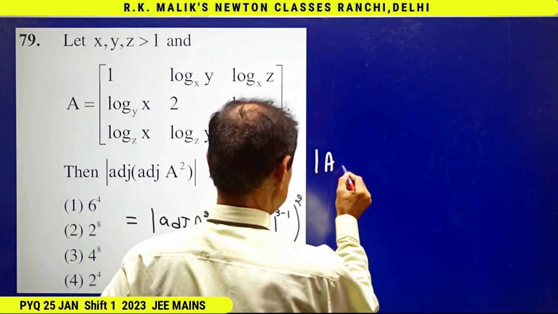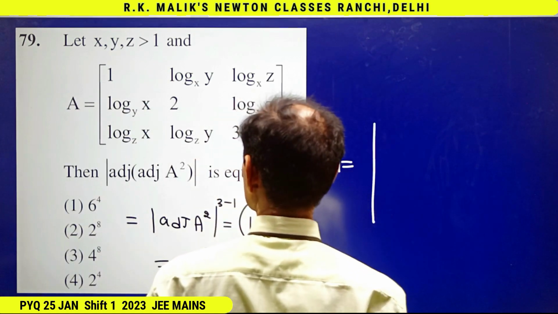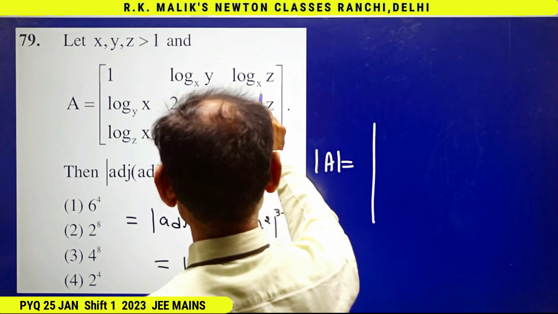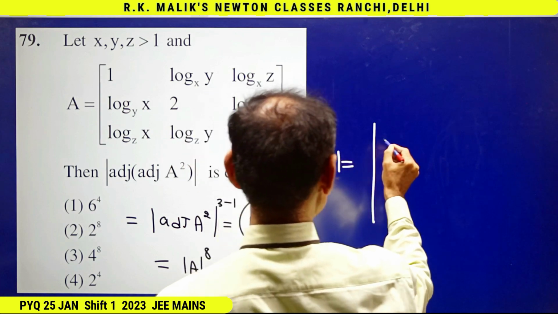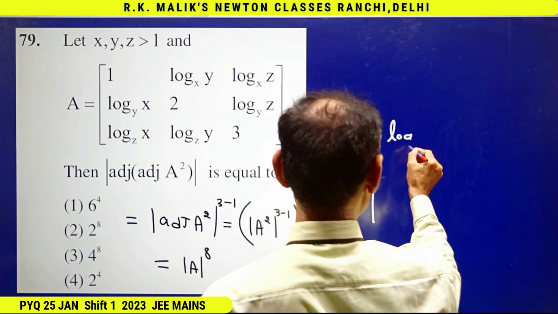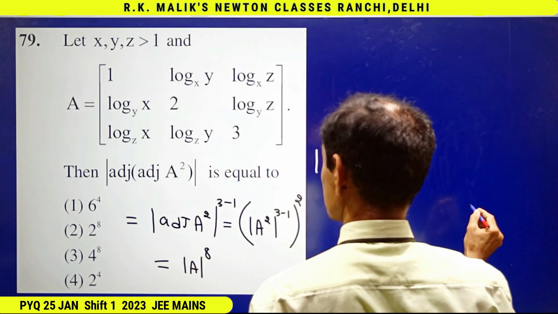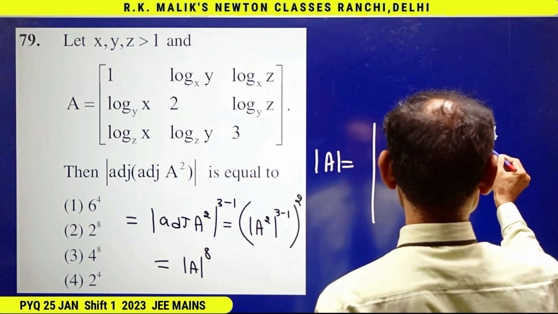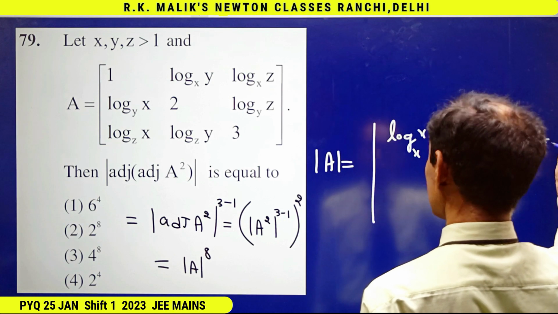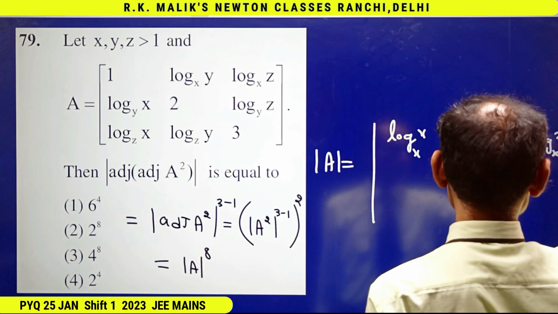Clearly the determinant of A will be equal to, in the first row every element has base x. Therefore 1 can be written as log of x to the base x. It is log of y to the base x. It is log of z to the base x.